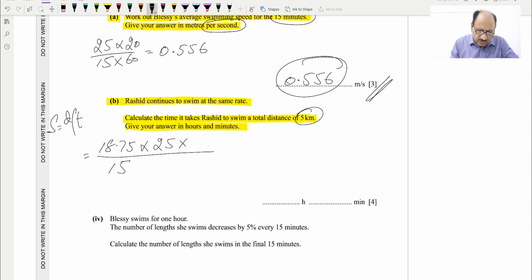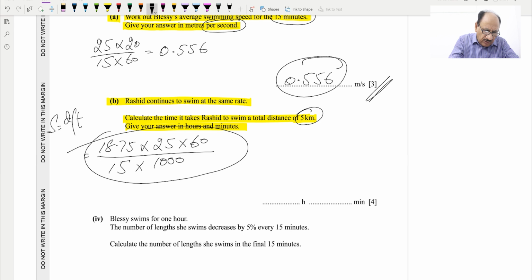So first of all, we'll calculate the speed, and speed we require in kilometers per hour, so time will be divided by 60, and meters will be divided by 1000 to get speed in kilometers per hour. So we have calculated his 18.75 lengths speed in kilometers per hour.